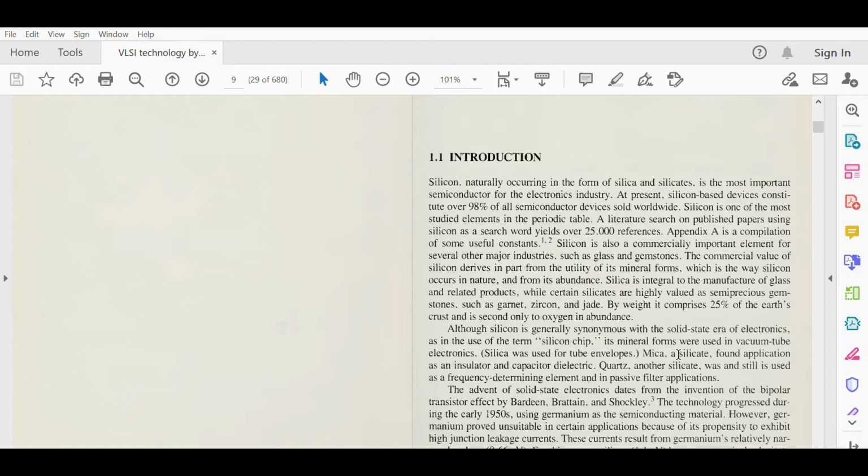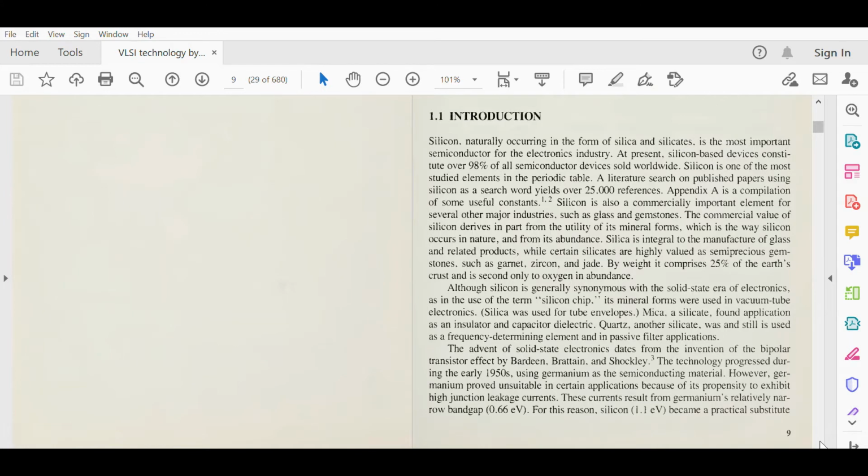The purest form is silica, and then it developed into silicon. Mica, a silicate, found application in insulators and capacitor dielectrics. Quartz, another silicate, was and still is used in frequency determining elements and in passive filter applications. You might have heard about quartz crystal in analog electronics.